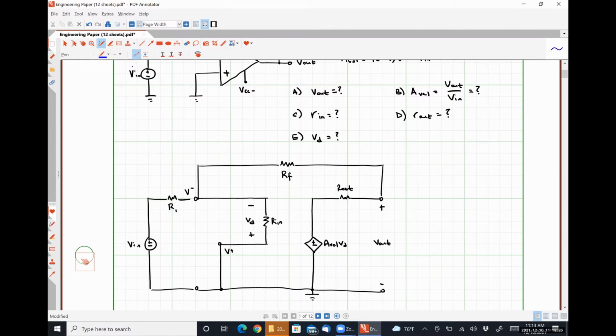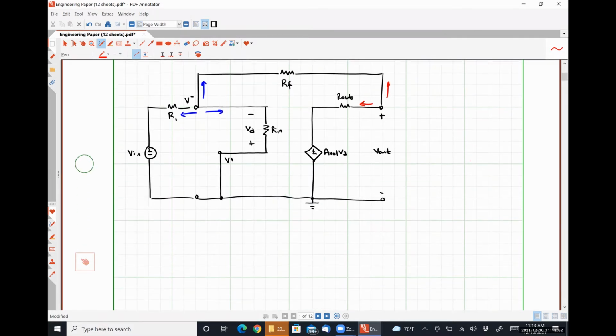We're going to write an equation for this current and this current added together, get a system, solve said system, and we should be able to figure out all of our unknown voltages.